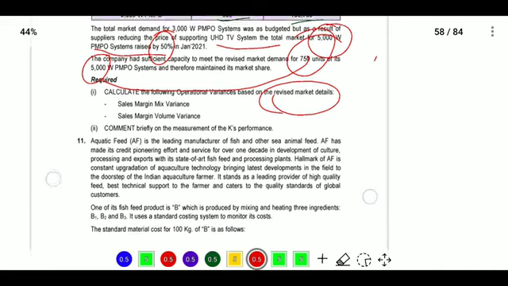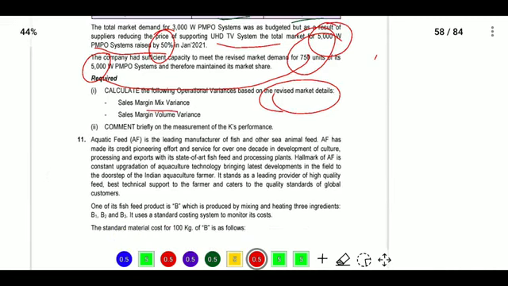Next, sales margin mix variance we require, and sales margin volume variance we require, so we will provide these two answers.